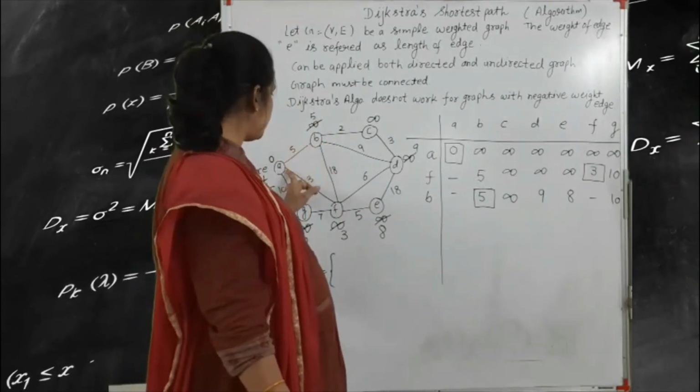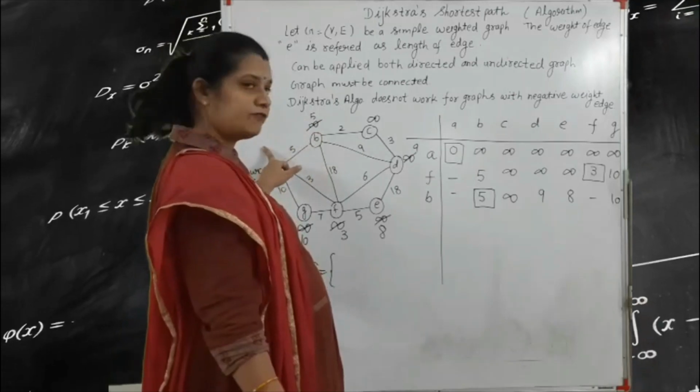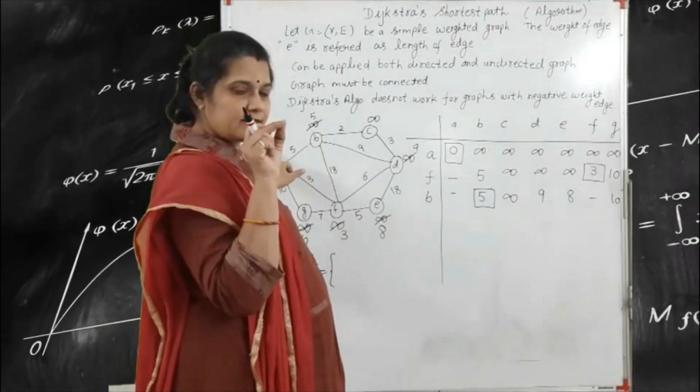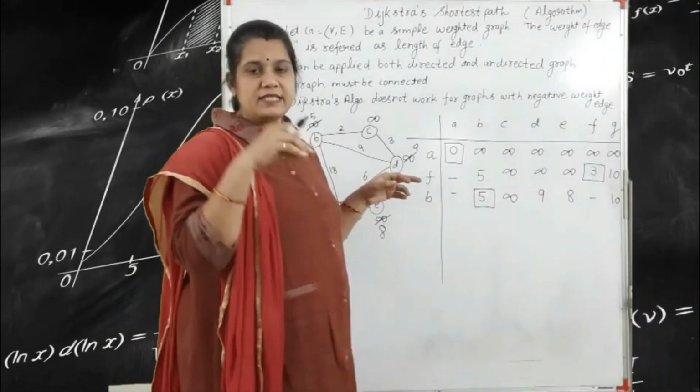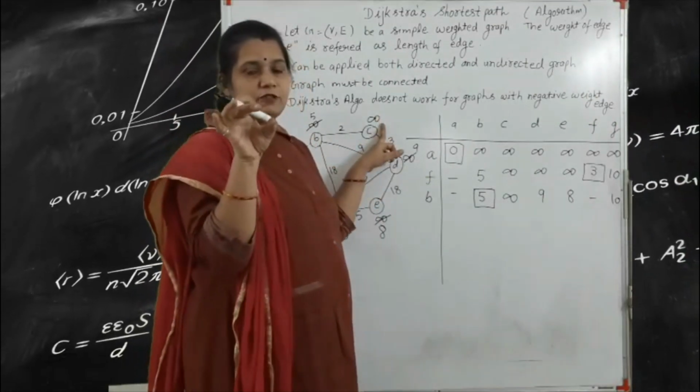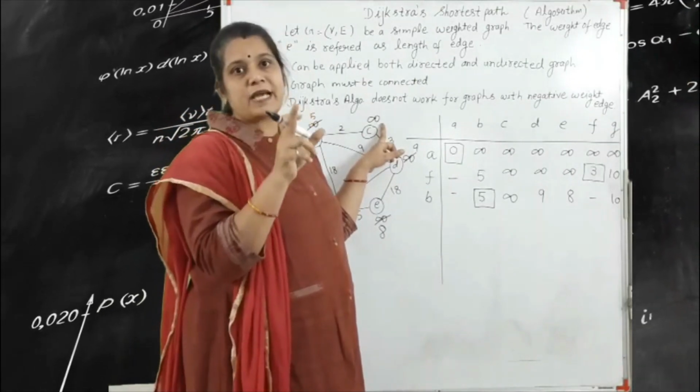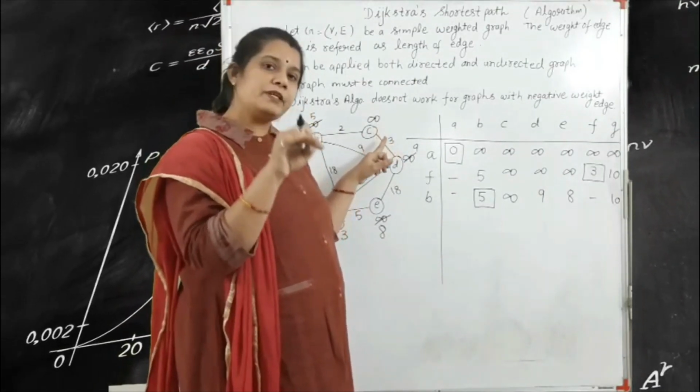So B to A. That means 5 plus 5, 10. So already we wrote here the 0. So always you consider the minimum value. If the sum is greater than the existing value, you can't write this larger value, you keep the previous value.